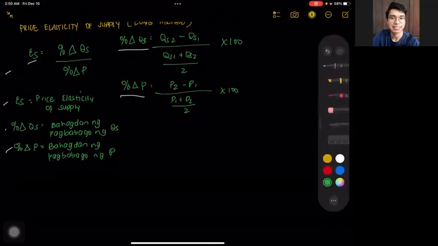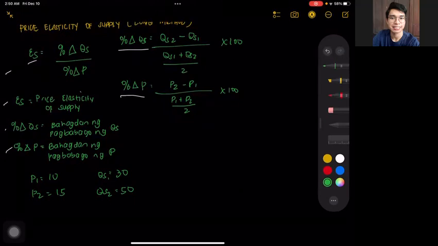So say for example, ang given value natin is P1 is equals to 10, P2 is equals to 15, QS1 is equals to 30, QS2 is equals to 50. Now, we need to get the price elasticity of supply gamit yung formula na to.